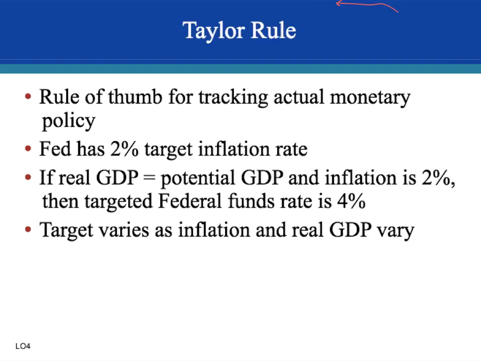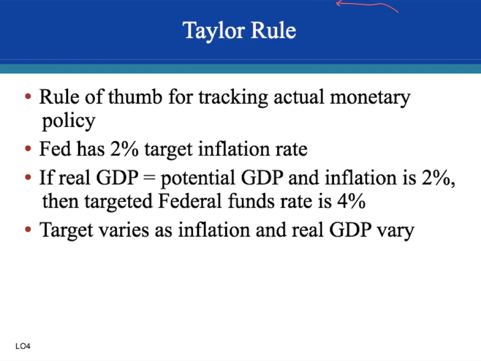So, and then you could also argue for the reverse. For every 1% decrease of real GDP below potential GDP, the federal funds rate should be lowered by 0.5 percent. And also when inflation falls short, for every 1% it falls short, the real federal funds rate should be lowered by 0.5 percentage point.